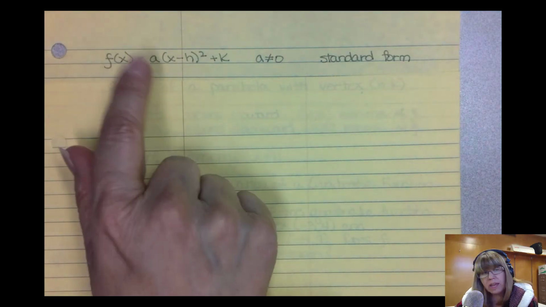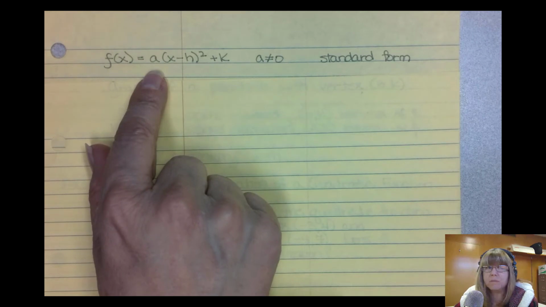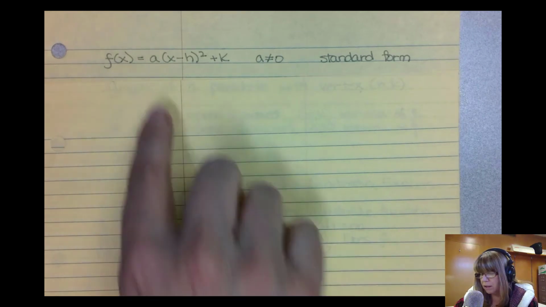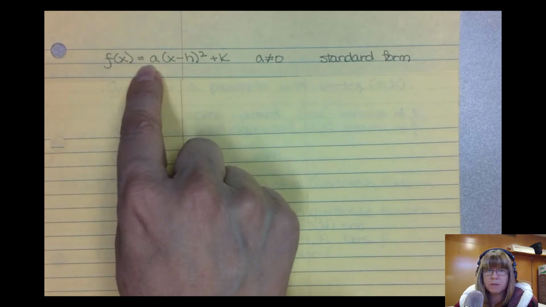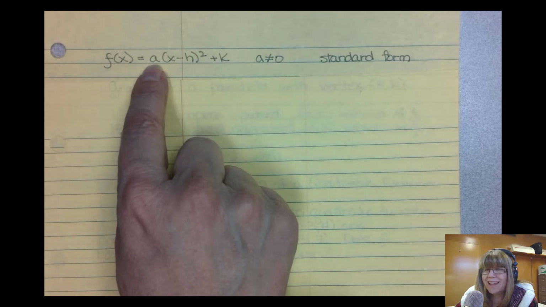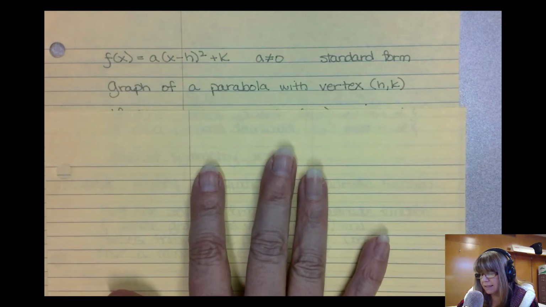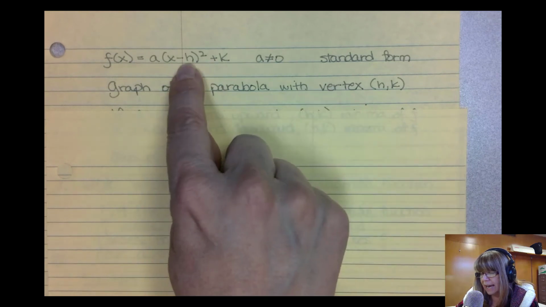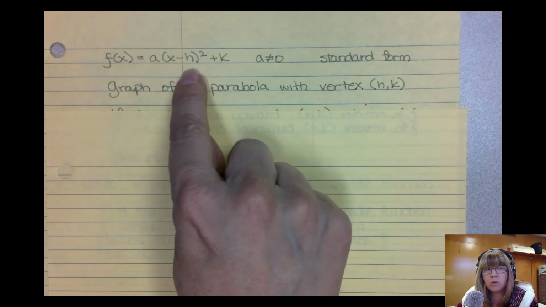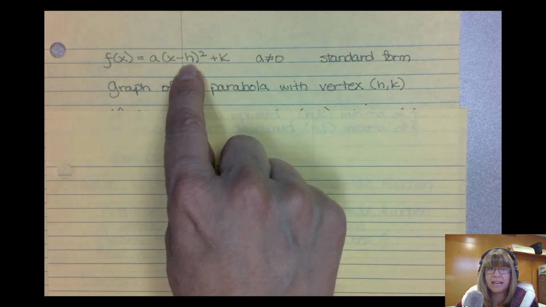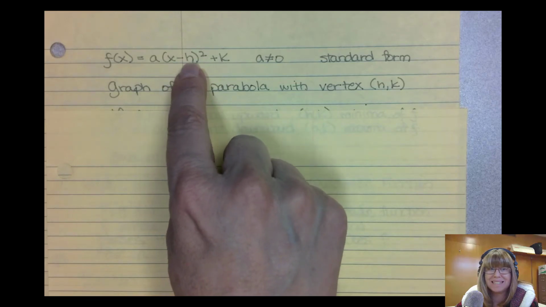Now, there's a lot that this version of our standard form tells us. First of all, it tells us if it's opening up or down, depending on our value of a. If a is negative, it opens down. If a is positive, it opens up. It also tells us where our vertex is. Our vertex is at (h, k), the actual numerical value of h. So when it's minus h, it's h.